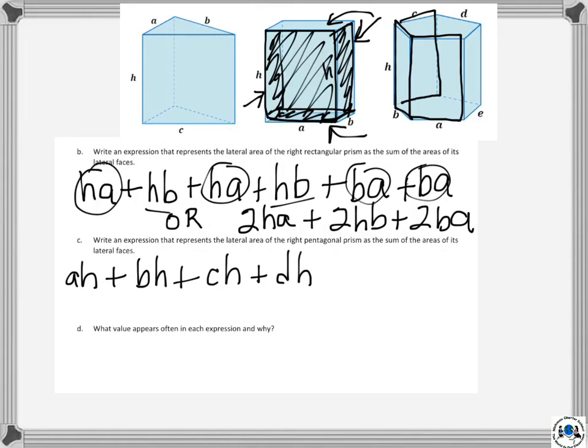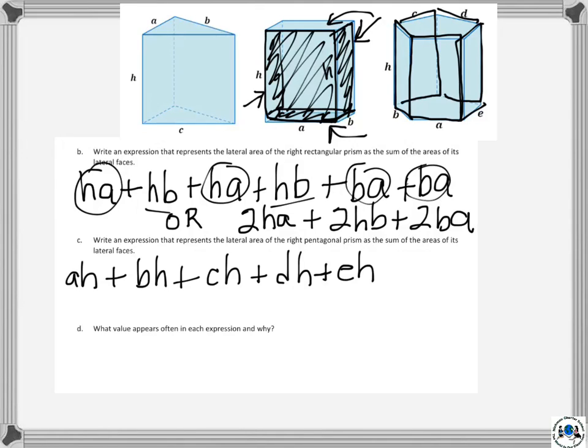Then we have DH, which is right there, and EH, which is this last one right here. So all those lateral faces would be summed up this way.